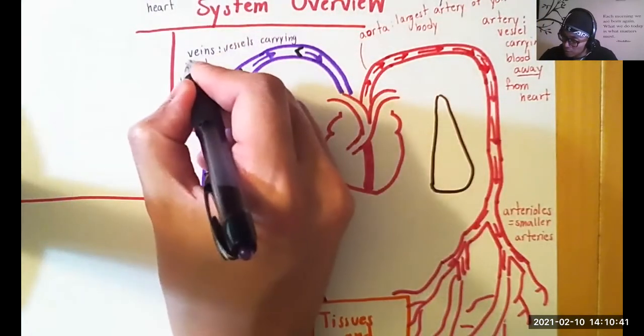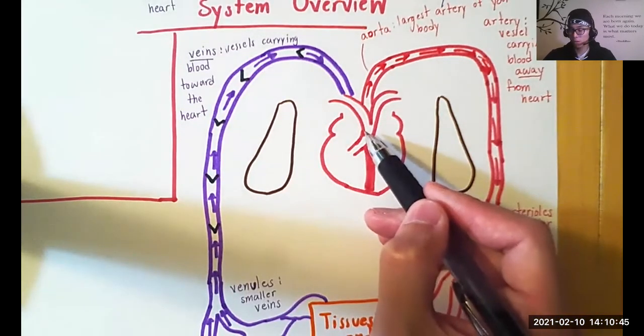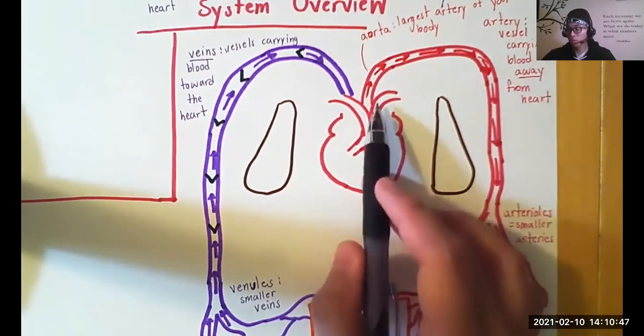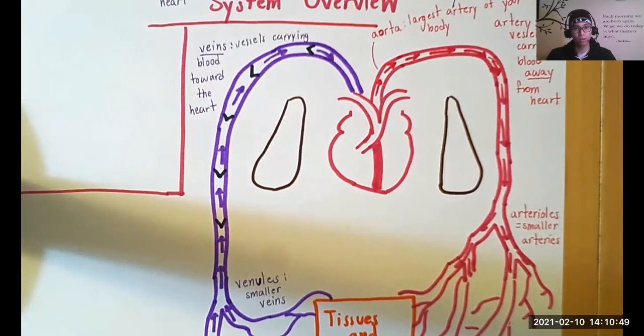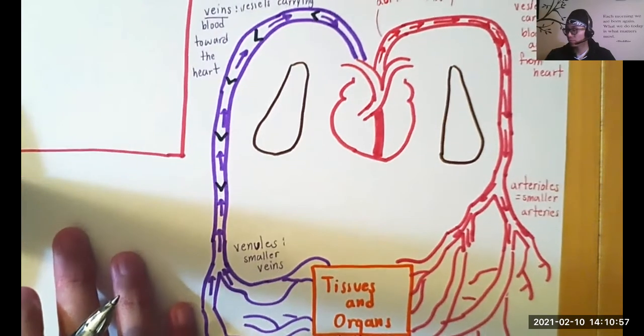Makes sense, no? Veins carry blood to the heart. Arteries carry blood away from the heart.